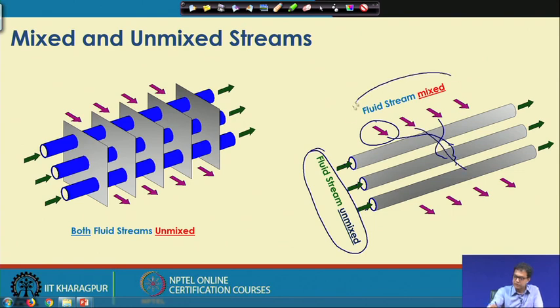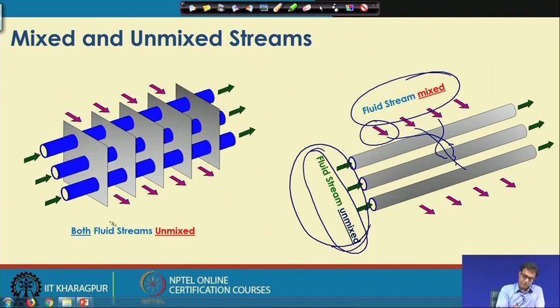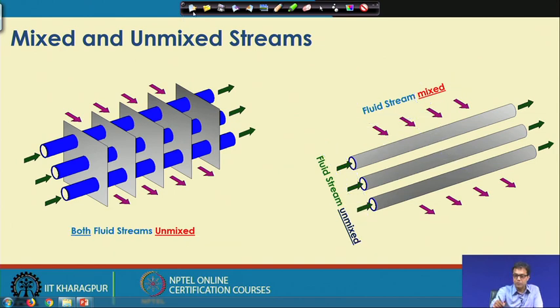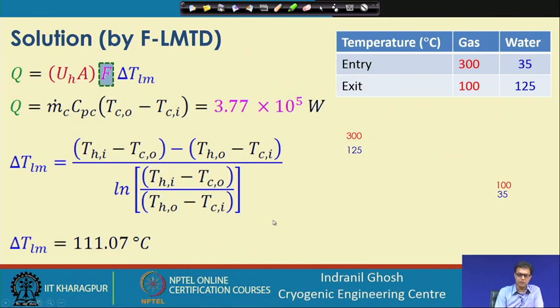So, this fluid stream is mixed and this fluid stream is unmixed. So, depending on the situation, we may have both the fluid streams unmixed, or some fluid stream mixed and some unmixed, and accordingly the epsilon-NTU relation will change, and you have to keep that in mind.